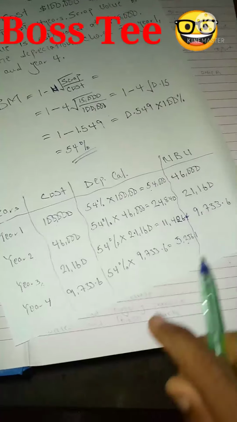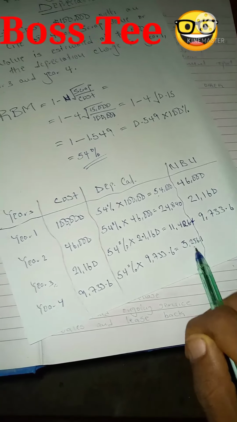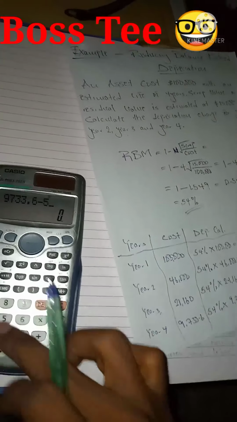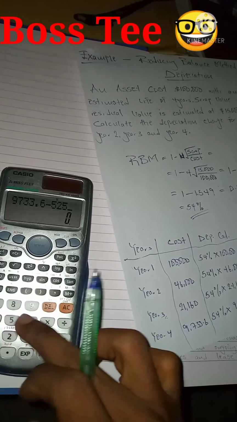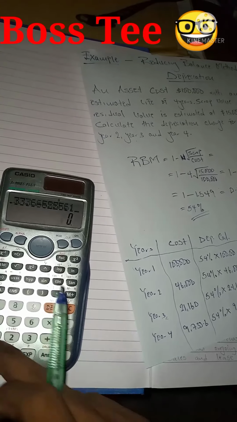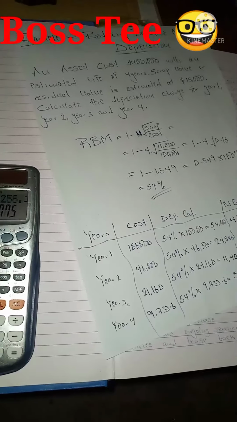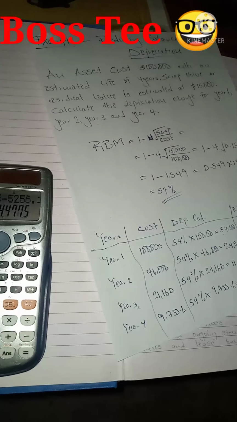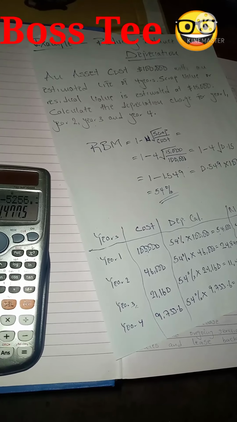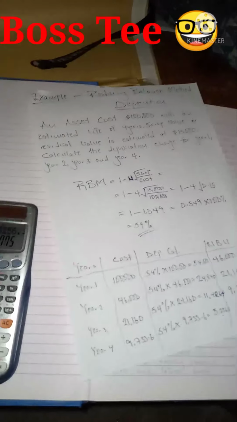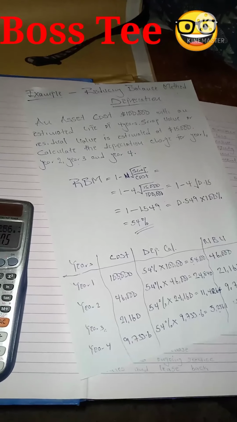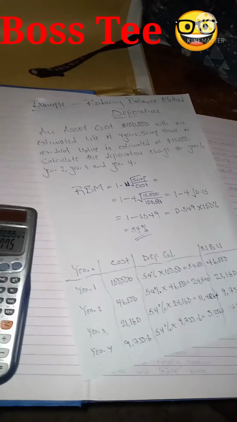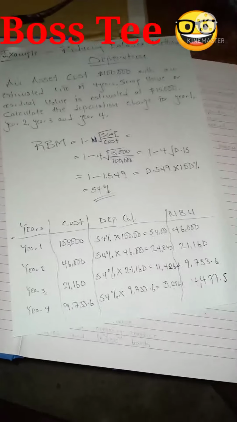You subtract the depreciation for that particular year, which was 5,256.1. So I have 4,477.5. So that's it.